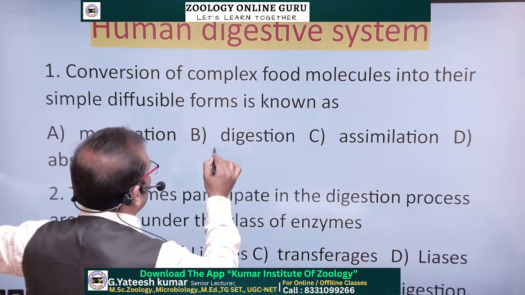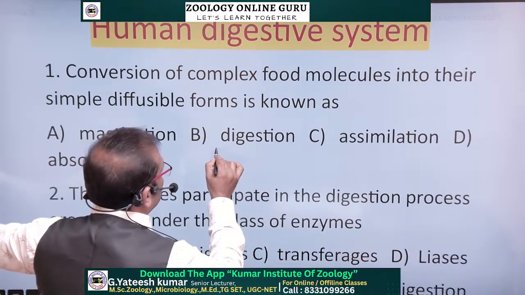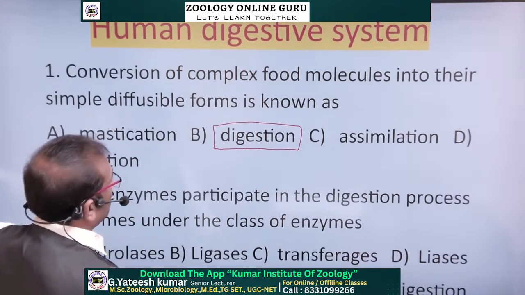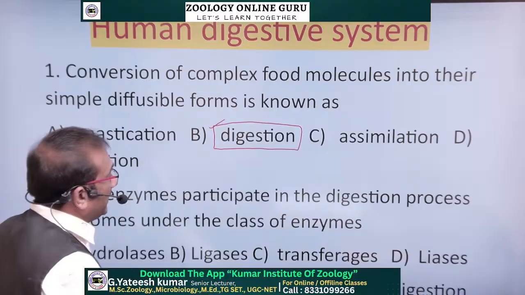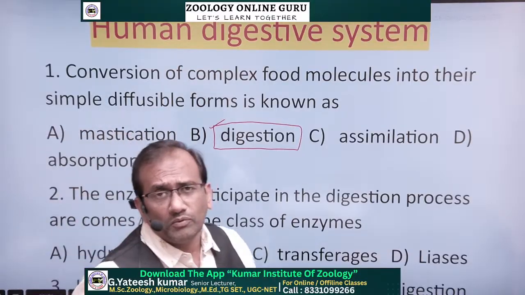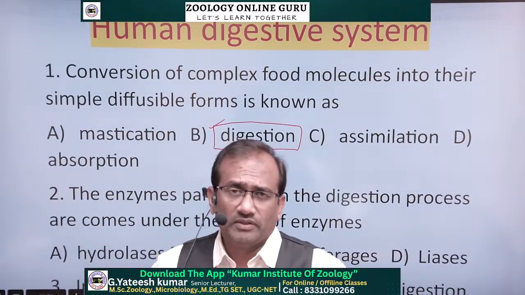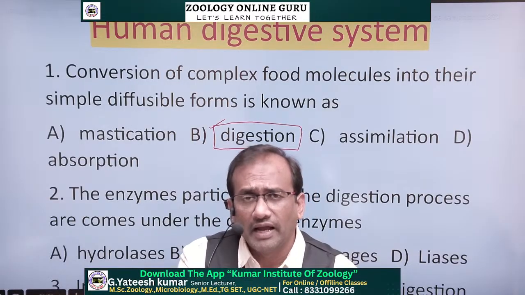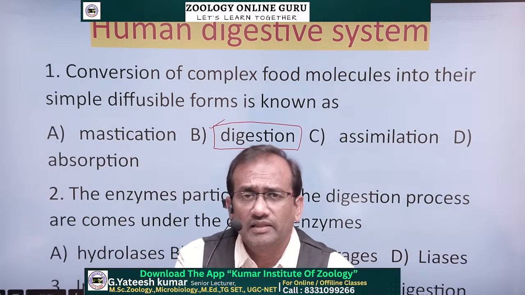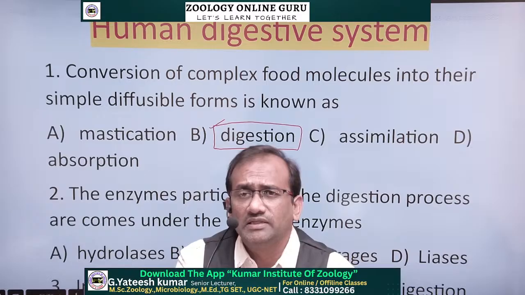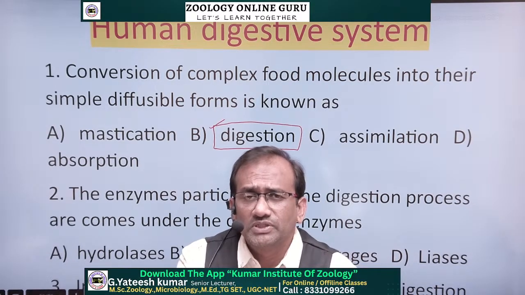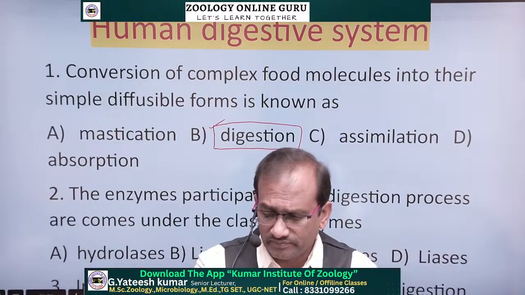If you know the answer, immediately answer with options A, B, C, D. Come into the topic, guess the answers and tell them. The first question: conversion of complex food molecules into their simplest form is known as digestion.